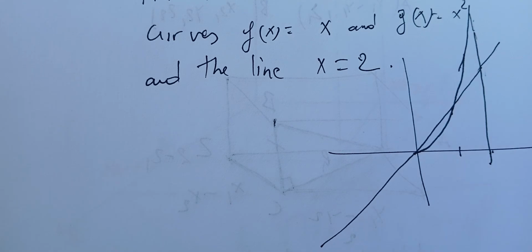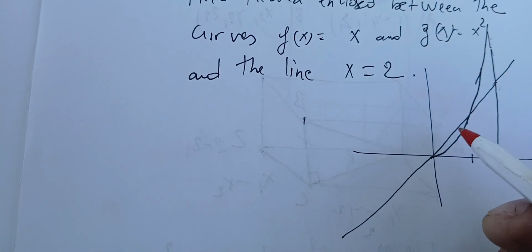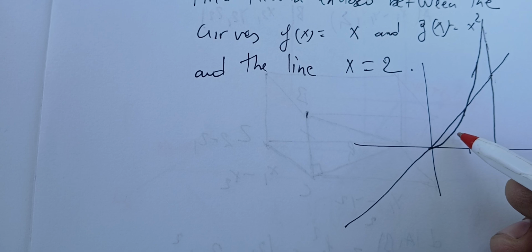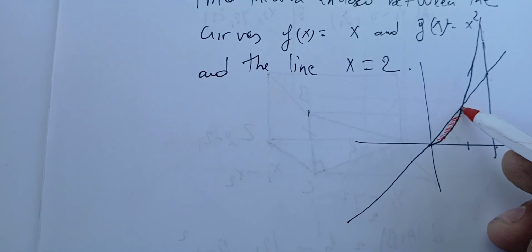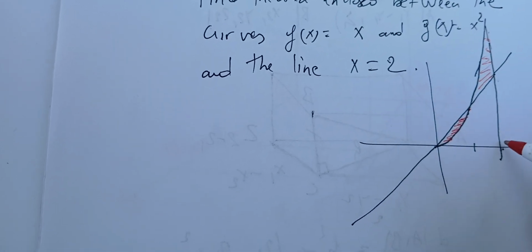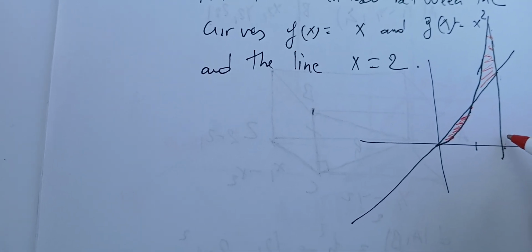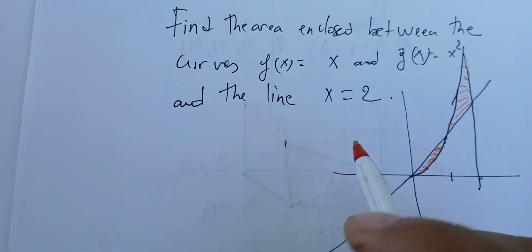Okay, so we are asked to find the area enclosed between these curves, x and x squared, and x equals 2. So we are looking for this area here in red.